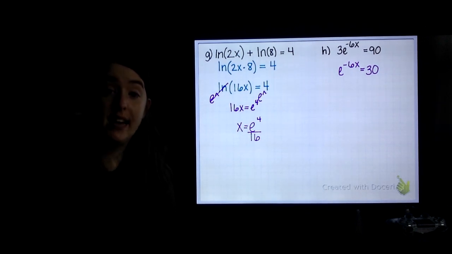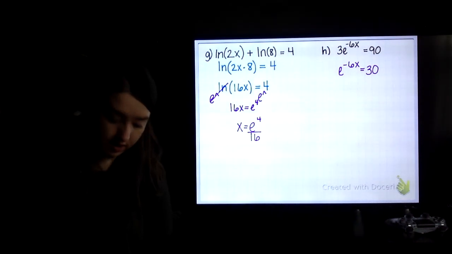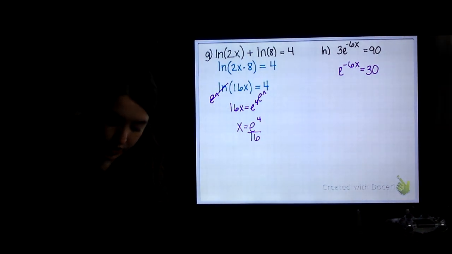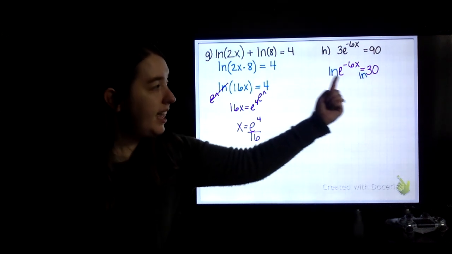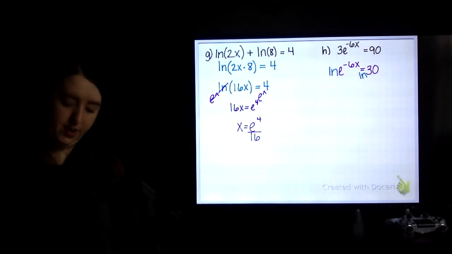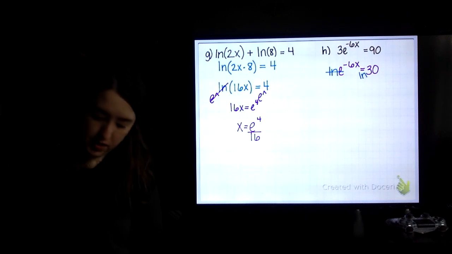So the way we get rid of e, my natural base, is to use my natural log. So I'm going to take the natural log of both sides. Take, oopsies, the natural log on this side, and I'll take the natural log on this side. So natural log and e cancel each other out. So we're just left with negative 6x over on the left.